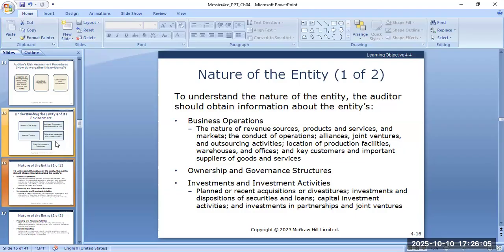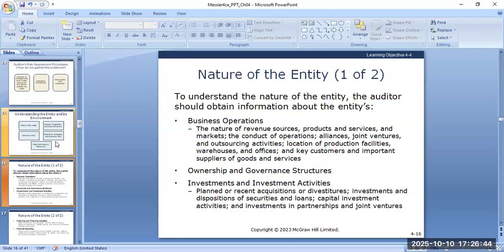Now, to understand the nature of the entity, the auditor should obtain information about business operations and revenue: where the revenue comes from, what the sources are, what products they're selling, what services they're providing, how the market is, the conduct of the operation, alliances, joint ventures, outsourcing activities, locations, warehouses, offices, key customers, important suppliers.